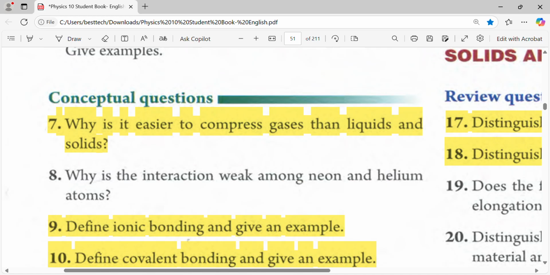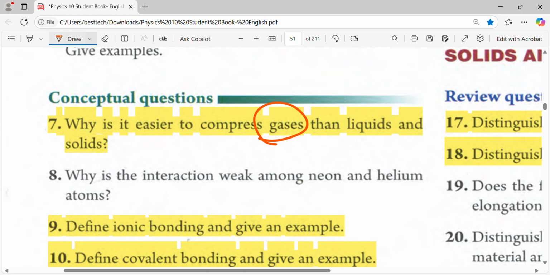We can apply a lot of pressure on gas. What was the reason? Because the distance between the atoms is so far. That's why we can most easily apply pressure on gas, because the distance between the molecules of the gas is so far. That's why we can apply the pressure easily.